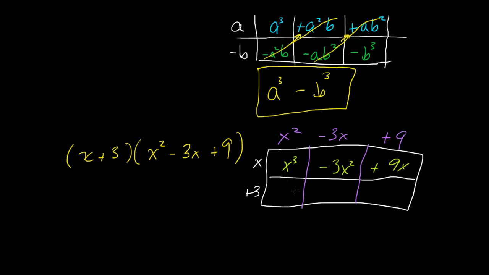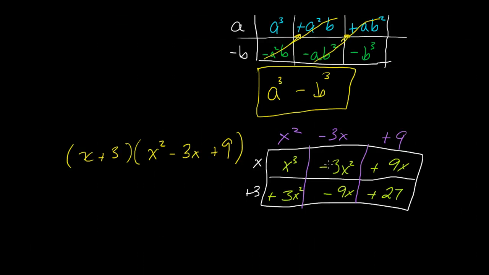So far, so good. Now let's take this positive 3 and multiply it out. Well, 3 times x squared is a 3x squared. That's a positive. 3 times a negative 3x is a negative 9x. And a positive 3 times a positive 9 is a positive 27. Let's go to orange, and let's see what happens with our diagonals.